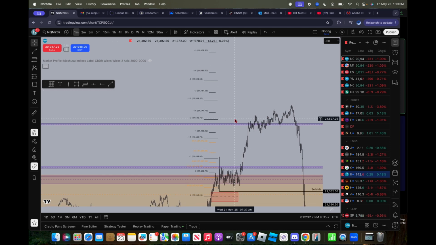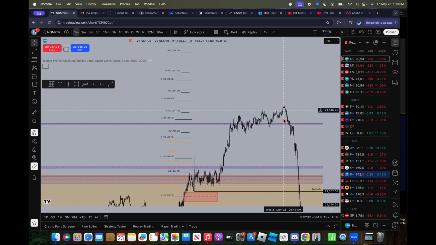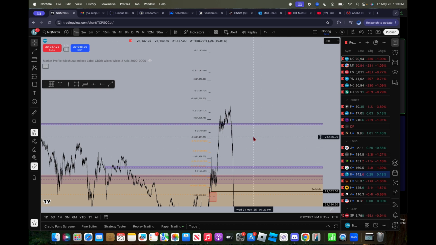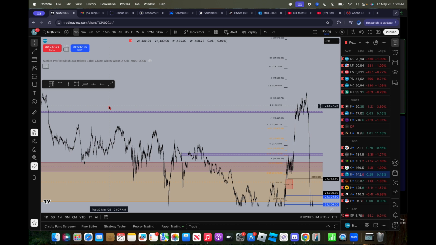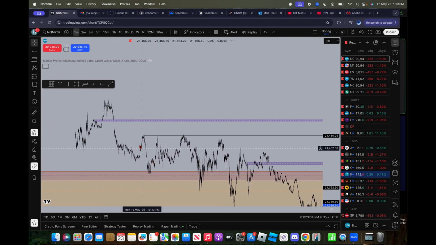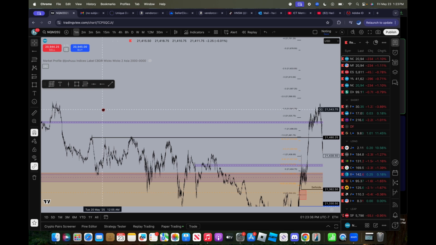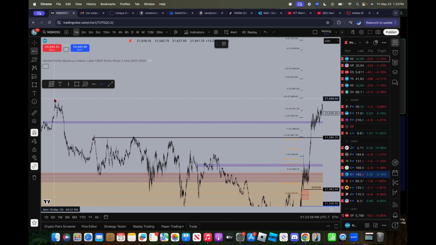So yeah, you're not always gonna get the high either. You know what I'm saying? It's not always gonna be super predictable exactly where it stops. But another way you can expect it to want to come down from here: we got all these relative equal highs built up, and I think we just missed this high right here.